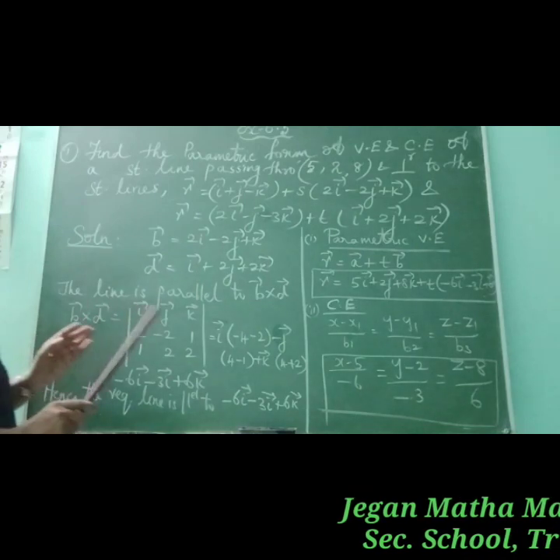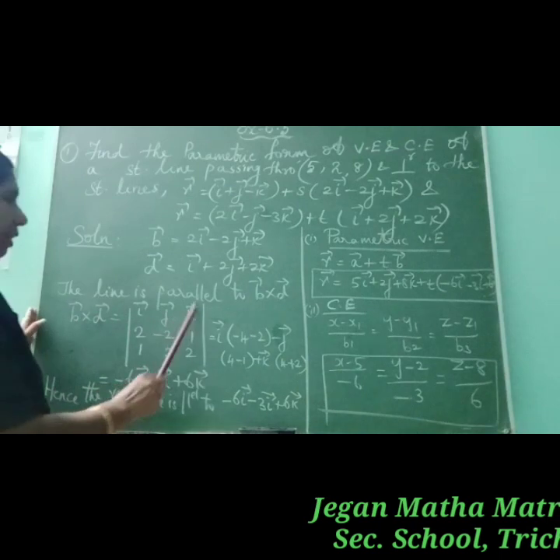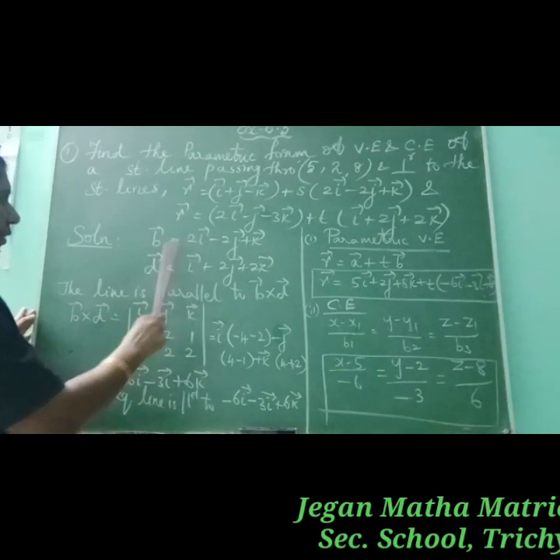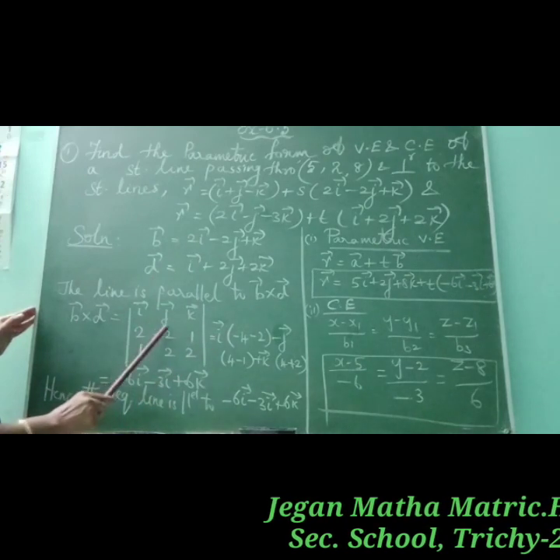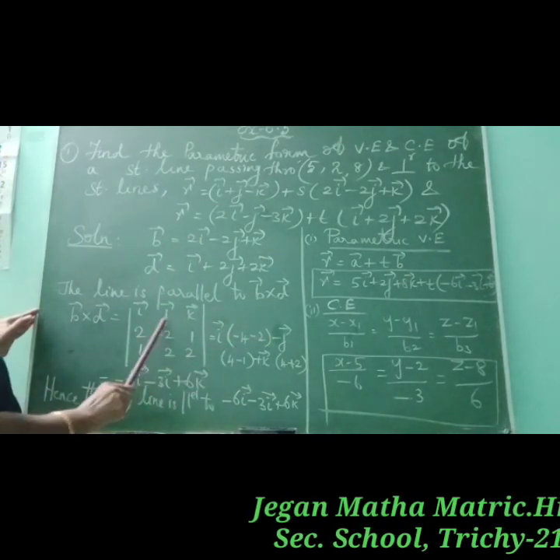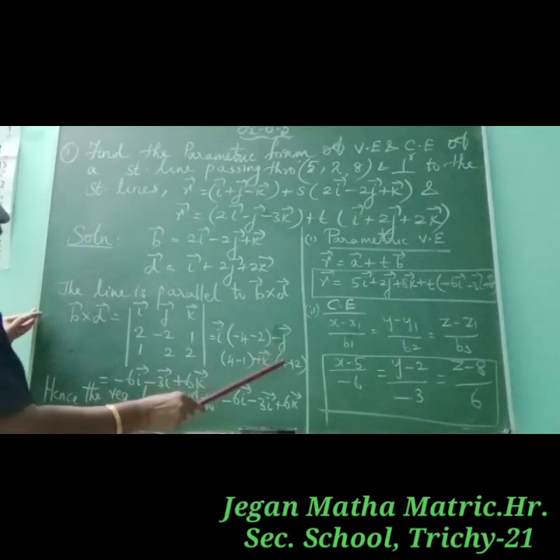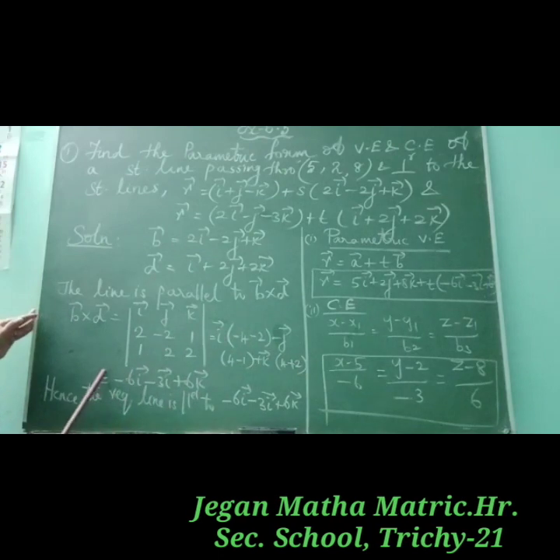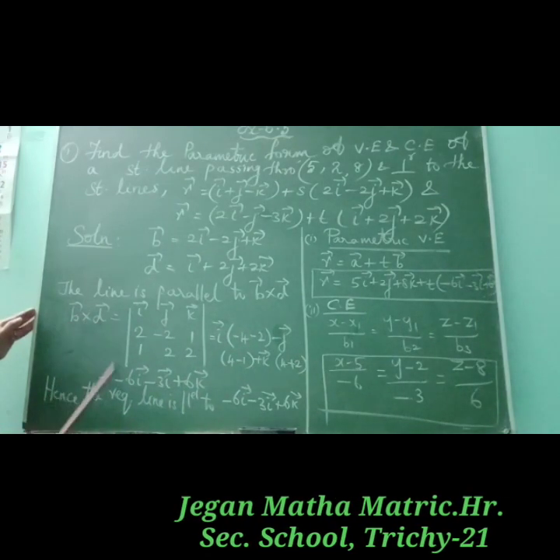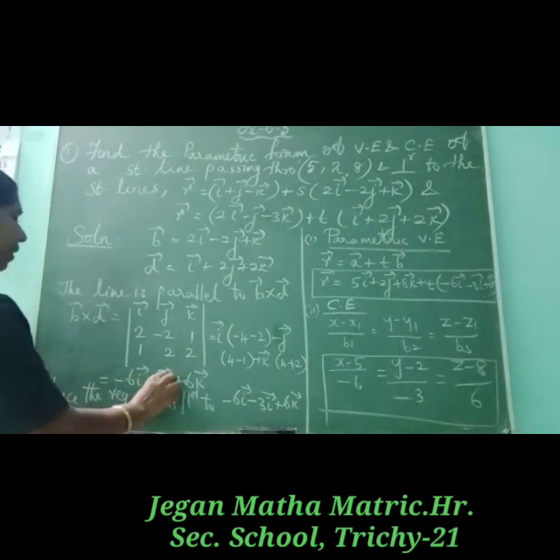You know how to find the cross product of these two. b cross d is equal to the determinant with i, j, k. Write all the coefficients of b and d. i vector into minus 4 minus 2, minus j into 4 minus 1, plus k into 4 plus 2. On simplifying this, we get b cross d equal to minus 6i minus 3j plus 6k.